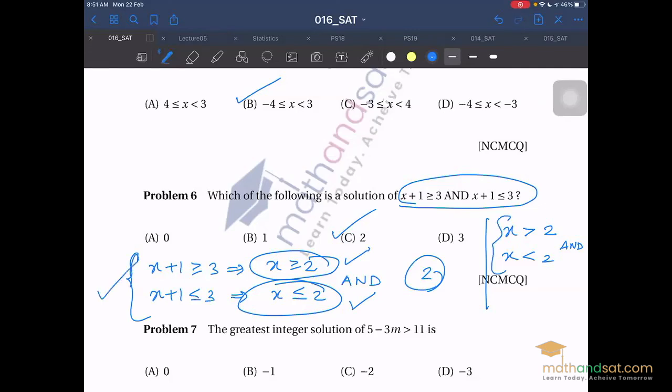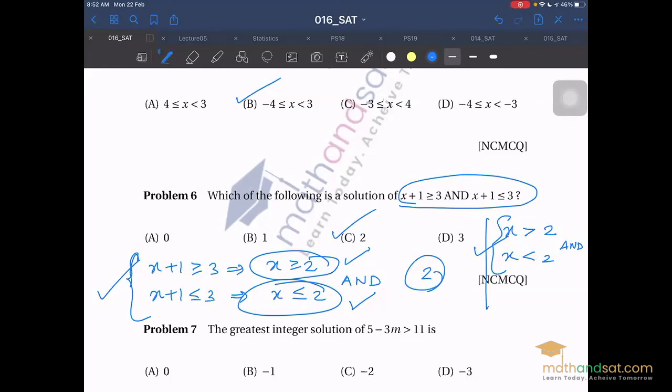That is why we had one answer here, but no answer here. Always remember, when you see an "and", it means intersection, which means both conditions need to be satisfied simultaneously. You just look at the number line and figure things out.